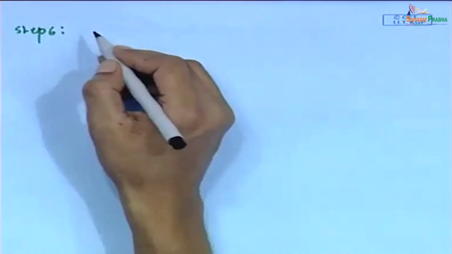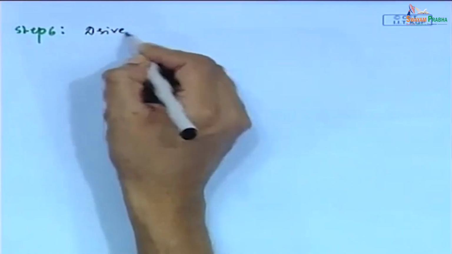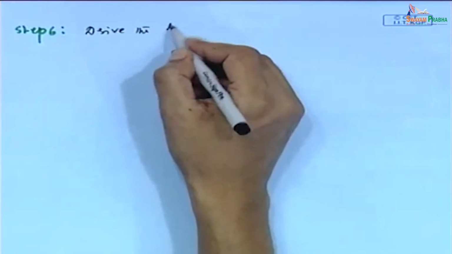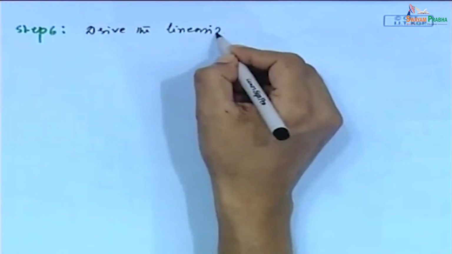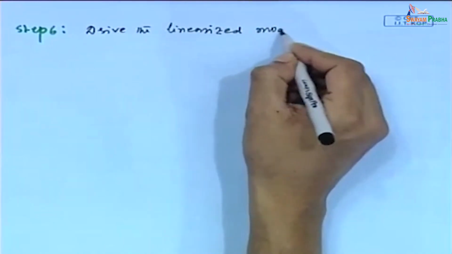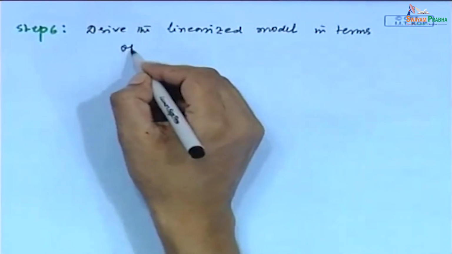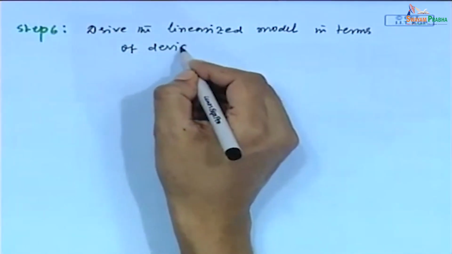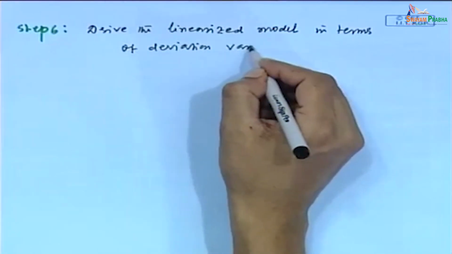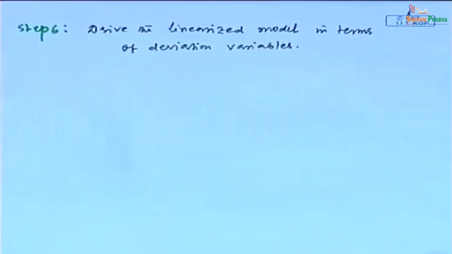So, step 6 is derive the linearized model in terms of deviation variables. Fine. If we subtract steady state equations from linearized modeling equations, we get these two expressions.